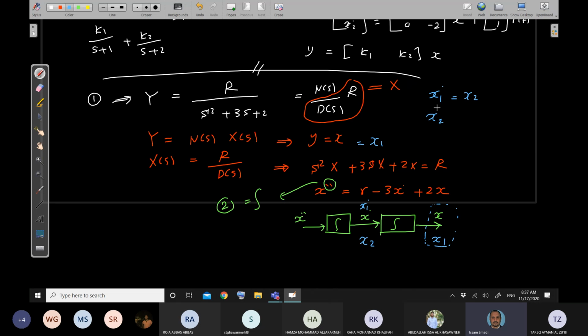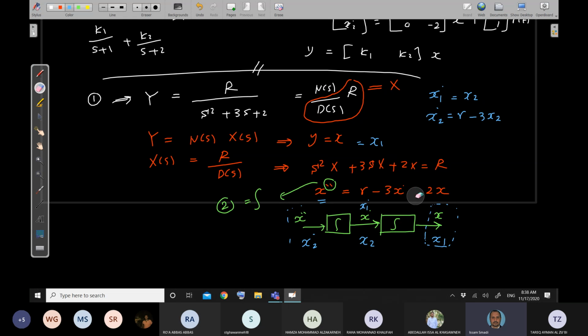Now x2 dot is equal to my differential equation, because x2 dot is equal to x double dot, which will equal r minus 3x2. And this is a minus, I think, because I'm rearranging. Yeah, this is a minus.